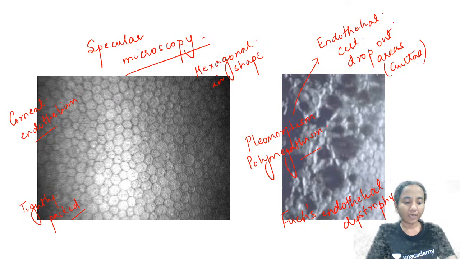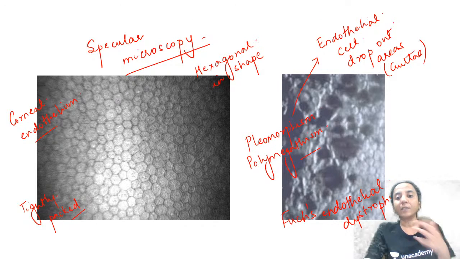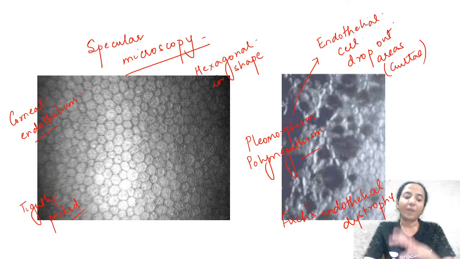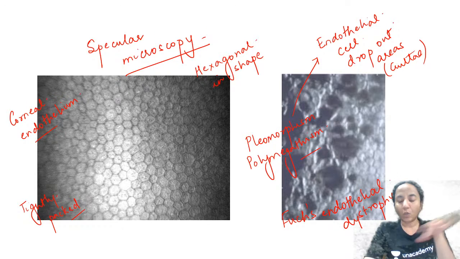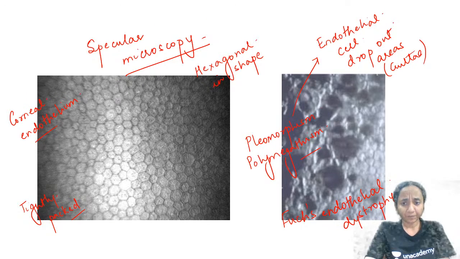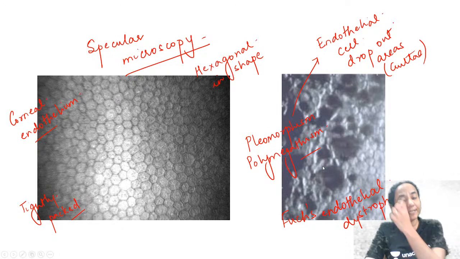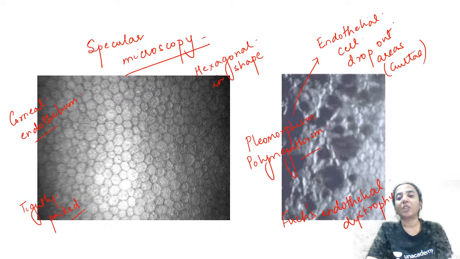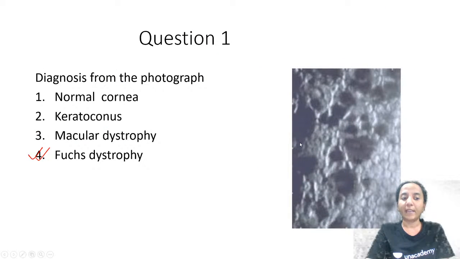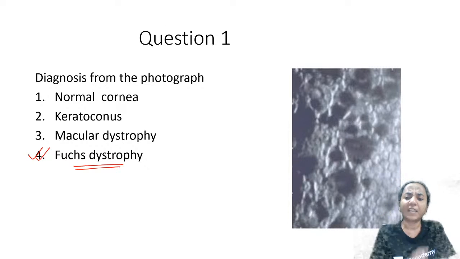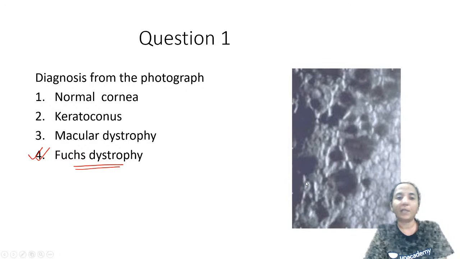Because the endothelial cells are absent, the surrounding cells try to fill up that space by increasing their size, that is polymegathism, or changing their shape, that is pleomorphism. So this is a picture of the corneal endothelium telling us about Fuchs endothelial dystrophy. I feel this is a very diagnostic image which can possibly come in the exam.